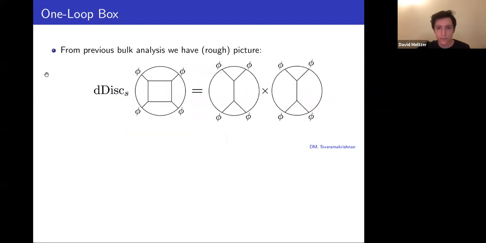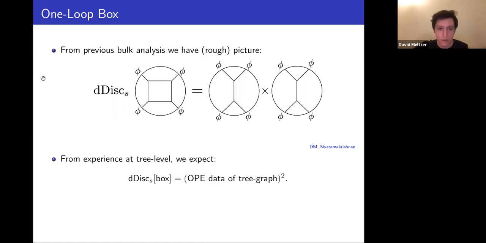So from the previous bulk analysis, we have this picture that the d-disk of the box is a product of two tree diagrams. So from our experience at tree level, what we expect is that the d-disk of this box is fixed in terms of the OPE data of each tree graph squared. And to make this more explicit, I need the one loop expansion for my d-disk.